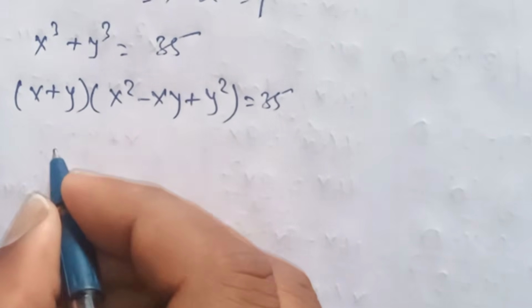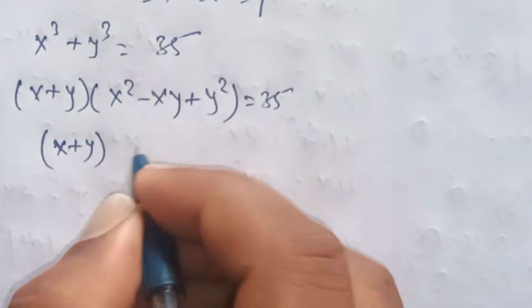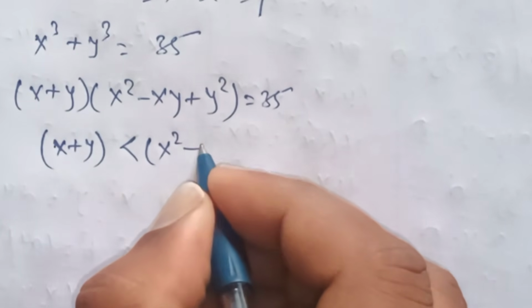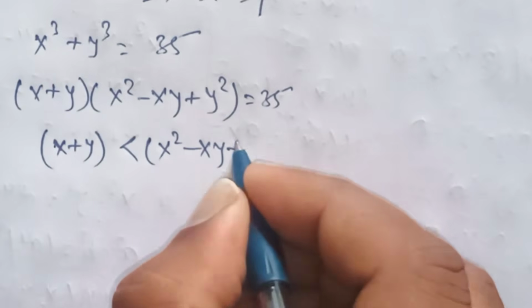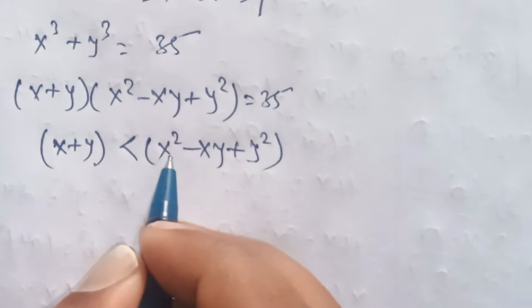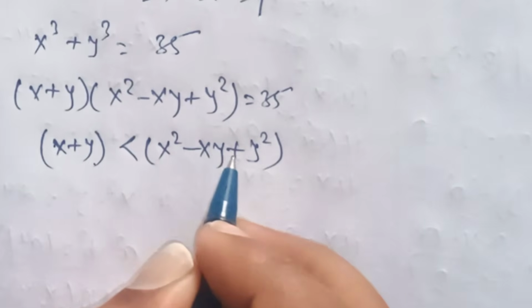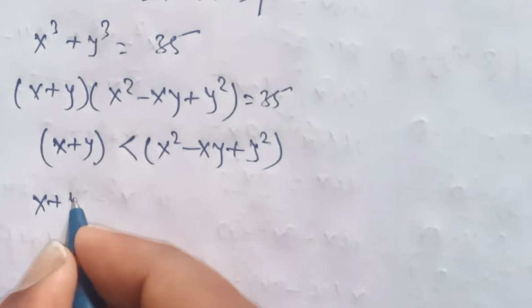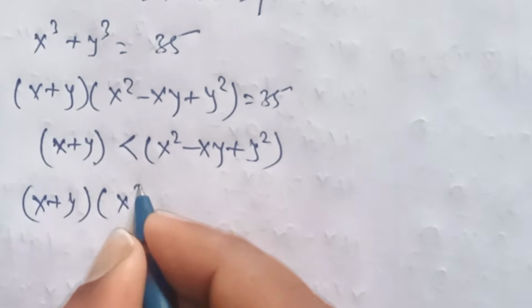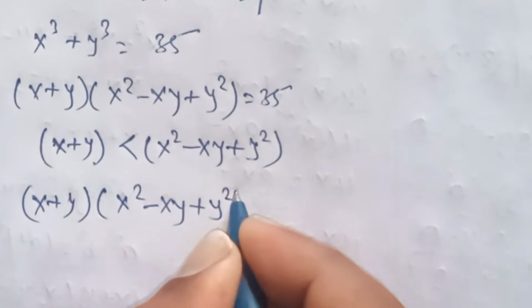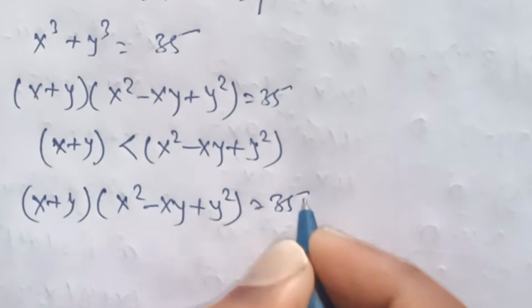Here x plus y is greater than x square minus xy plus y square. So (x plus y) into (x square minus xy plus y square) is equal to 35.